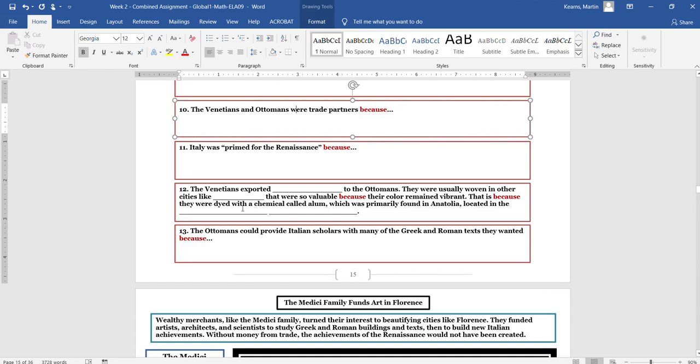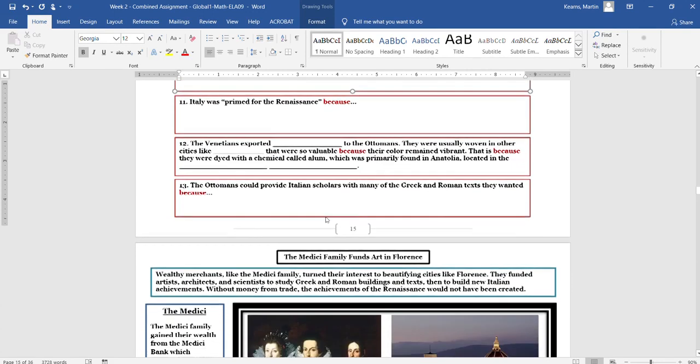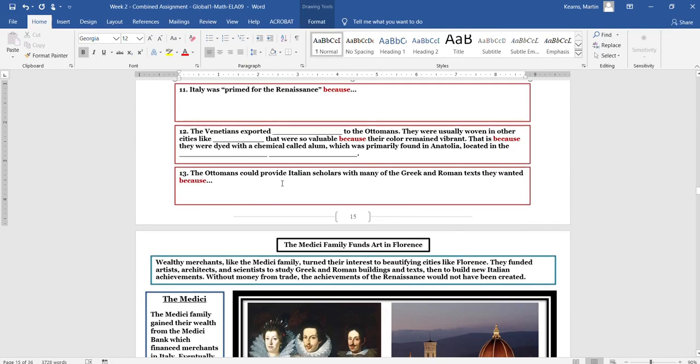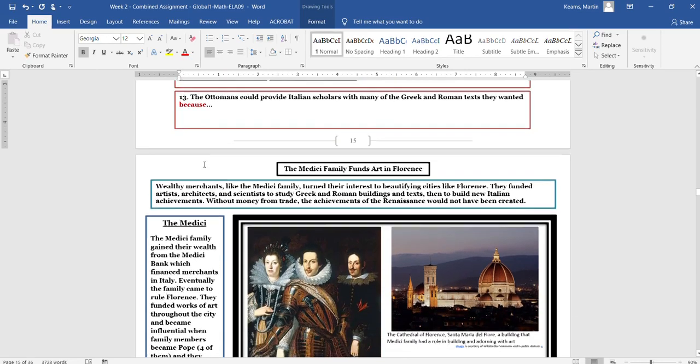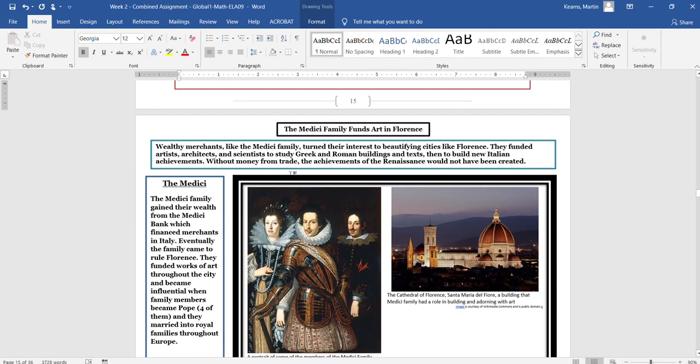That is because they were dyed with a chemical called alum, which was primarily found in Anatolia, located in blank. The Ottomans could provide Italian scholars with many of the Greek and Roman texts they wanted because. All right, you're going to complete the sentences based on the information you found in the video.